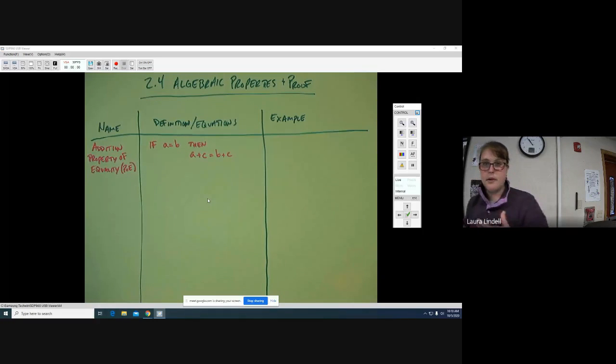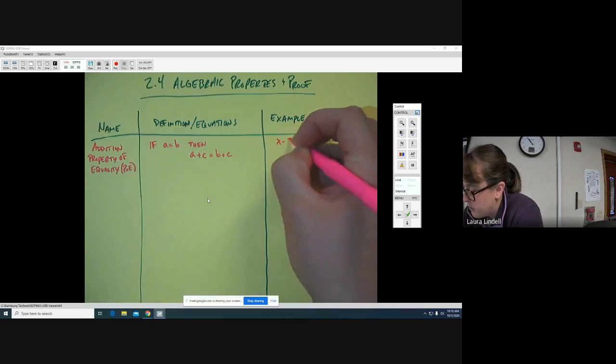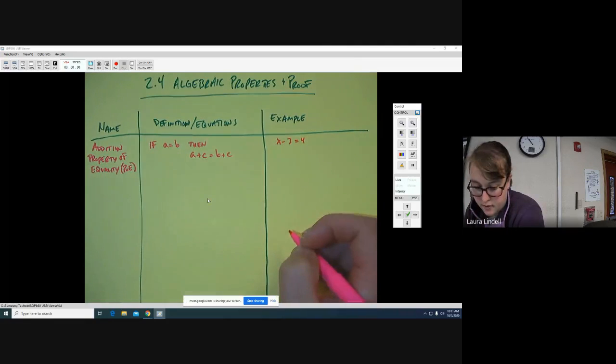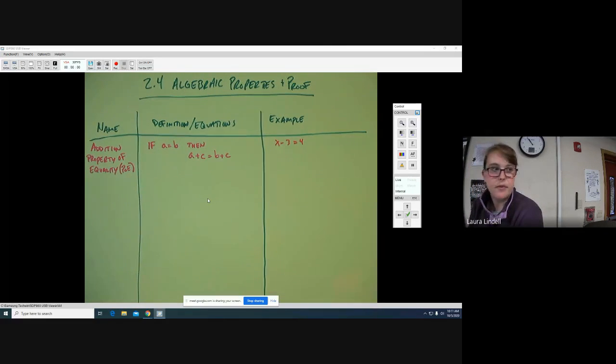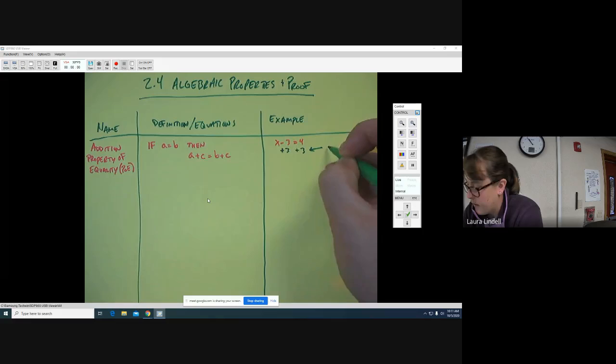Then our formal example, if we've got an equation like x minus 3 equals 4, how would I solve that for x? I'll just add 3 to both sides, right? So when I go plus 3 on both sides, this is where we're using the addition property.